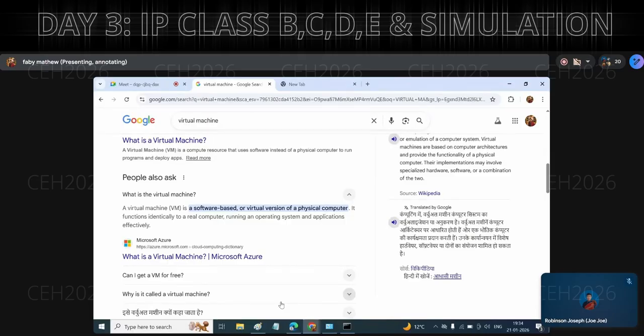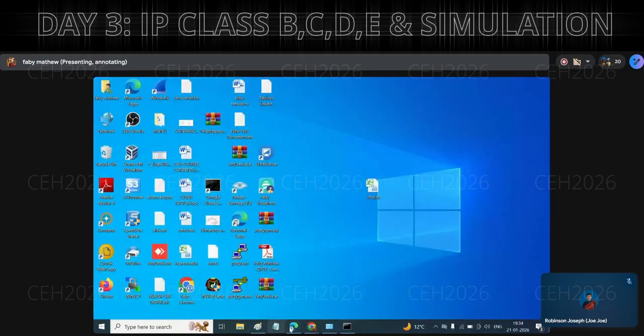But one more thing is there. Suppose you want to run a virtual machine tool on your machine, then there is one more criterion. What is that actual criterion? Your hardware should support the virtualization technology.